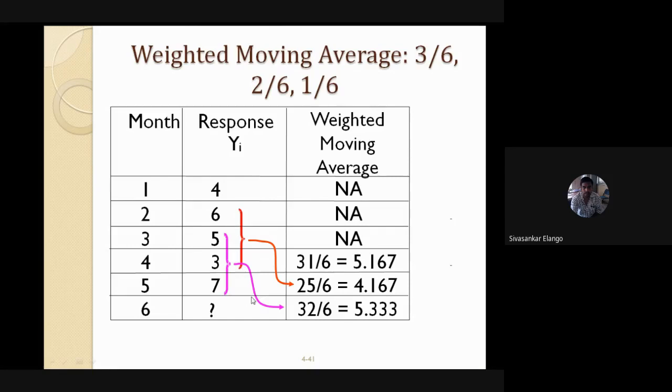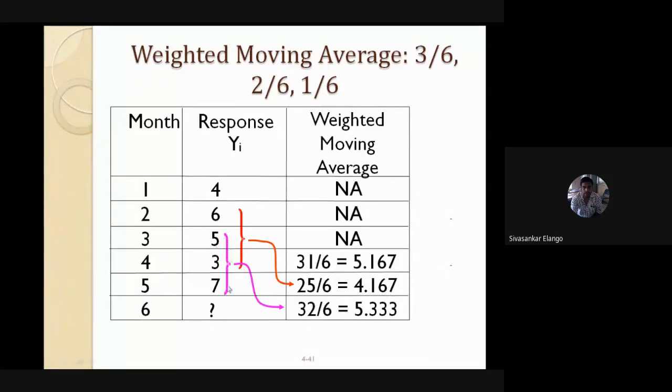Maybe for the 5th month calculation, again it's going to be 1 into 6 plus 2 into 5 plus 3 into 3. So 6 plus 10 plus 9, 25. The total weight is going to be 6, right? So 25 by 6 it's going to be 4.167.